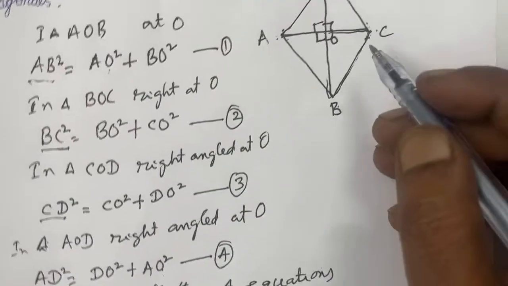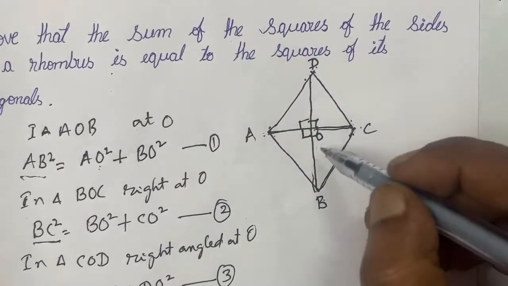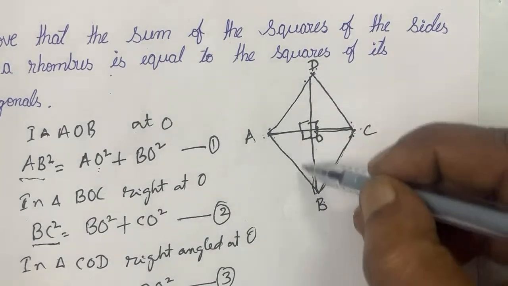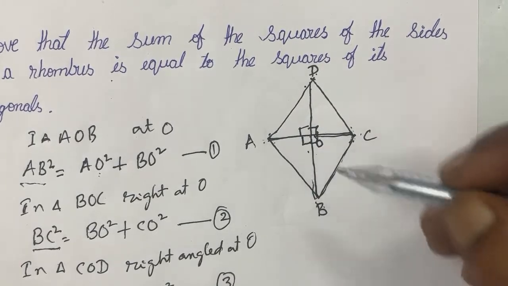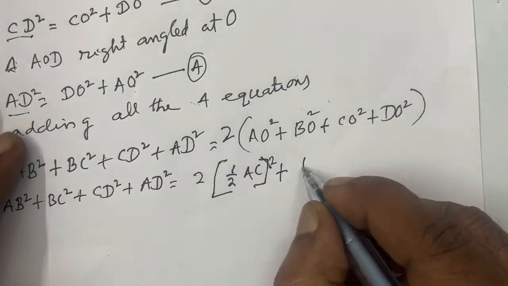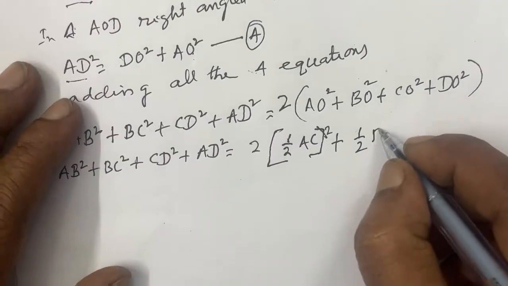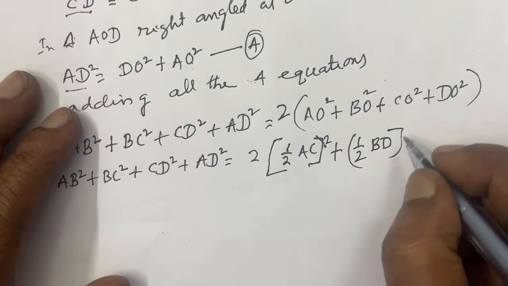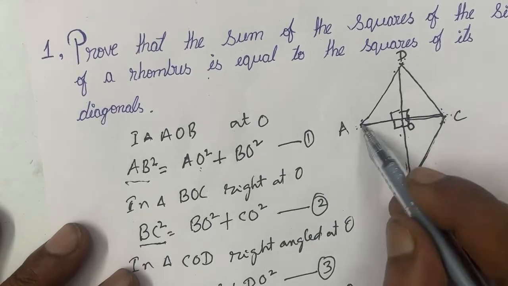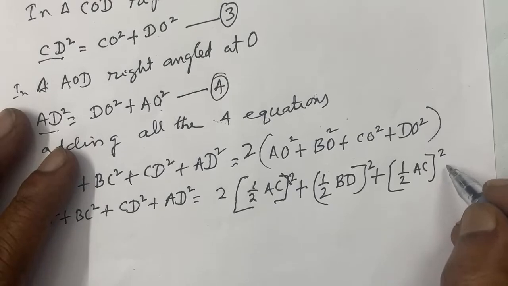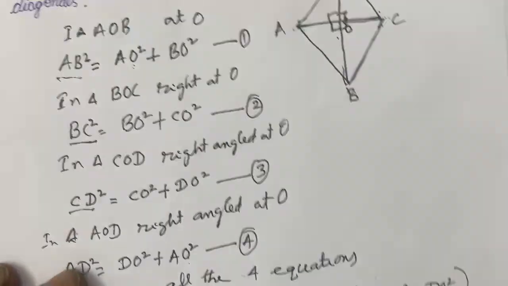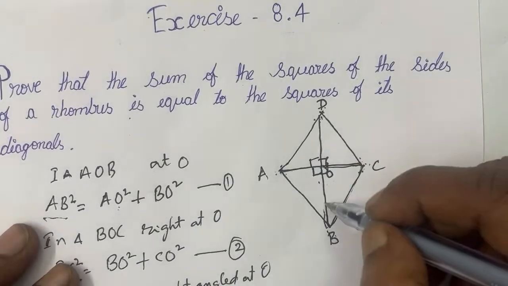And BO is nothing but half of BD. And CO is half of AC, so I am writing half of AC, whole square, plus DO. Again DO is half of BD.